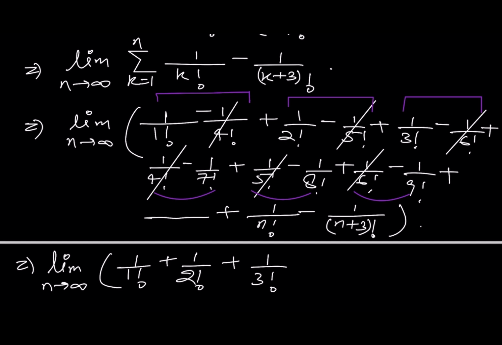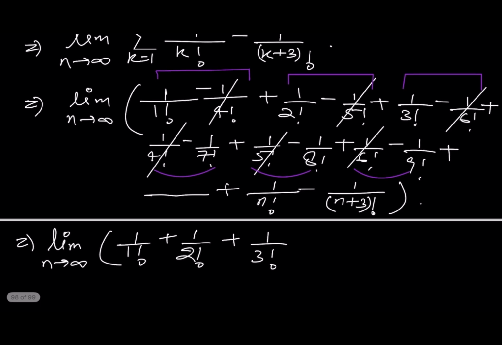So in the first three brackets, the first term is remaining, and in the last three brackets, if I am taking six brackets in all, the second term is remaining, right? So similarly, if I add the seventh bracket, eighth bracket, and so on, these terms will cancel out.